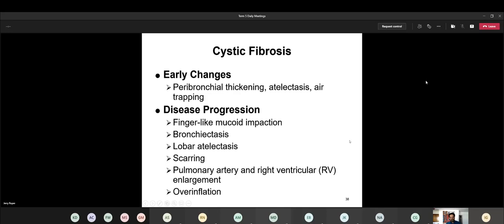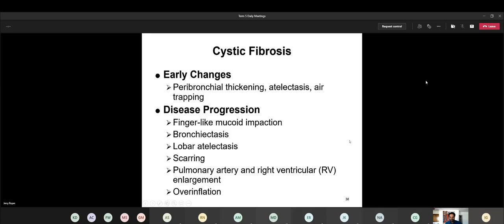Cystic fibrosis. Now we know that when it comes to the obstructive lung diseases, this one is pretty bad because you've got this continuous, extremely thick mucus that's being produced, and it's leading to a lot of mucus retention, or a lot of retained secretions. And over time, it could get so bad that it transforms into bronchiectasis.